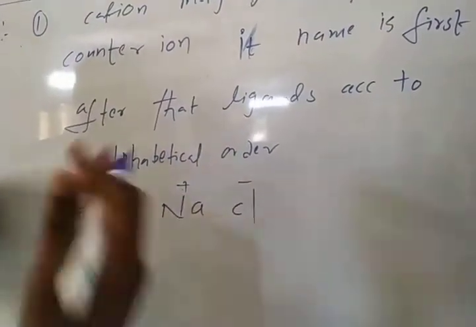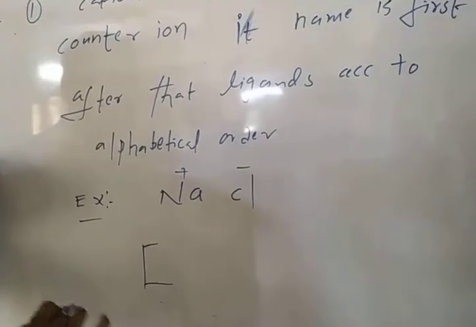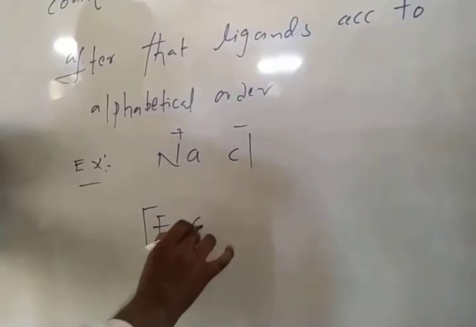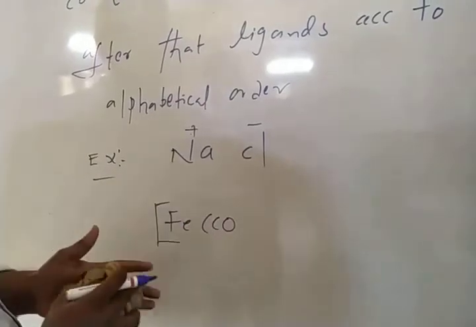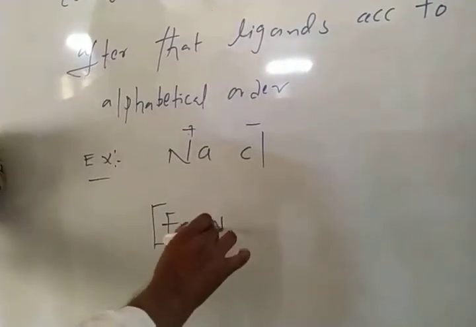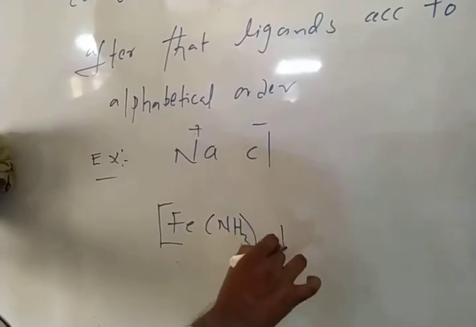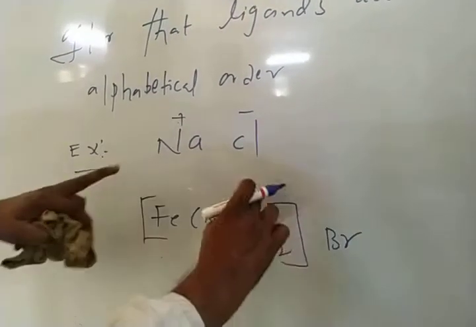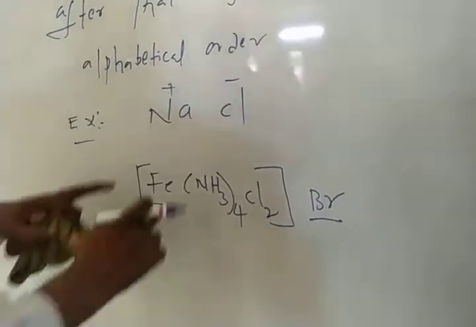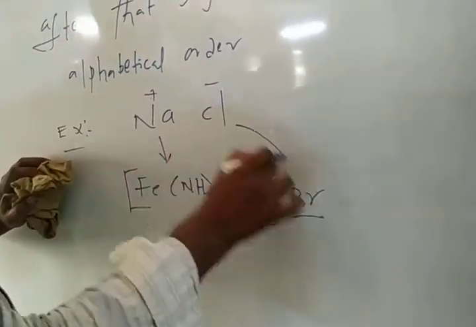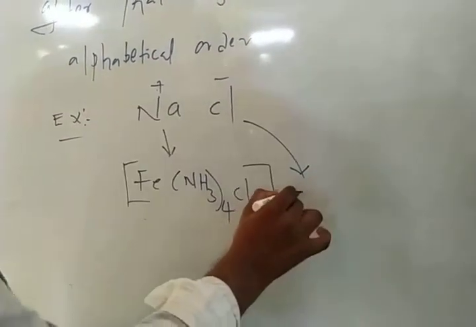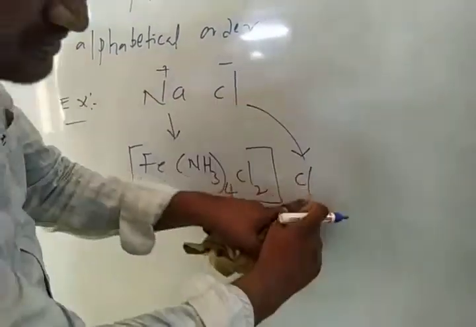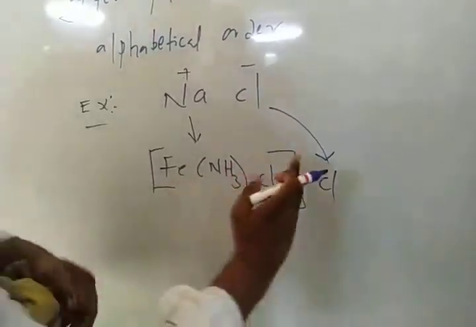This is a simple molecule, but in the case of complex compounds, the total complex is the cation, then chloride is the anion. The left side is always the cation, the right side always the anion.